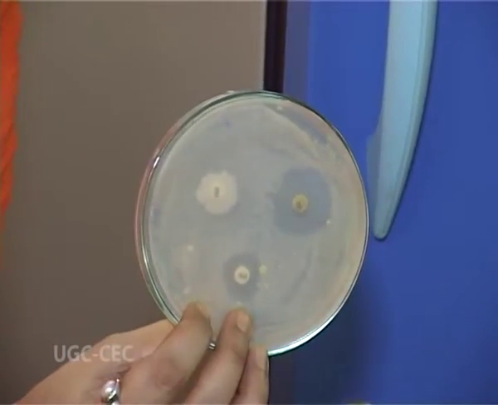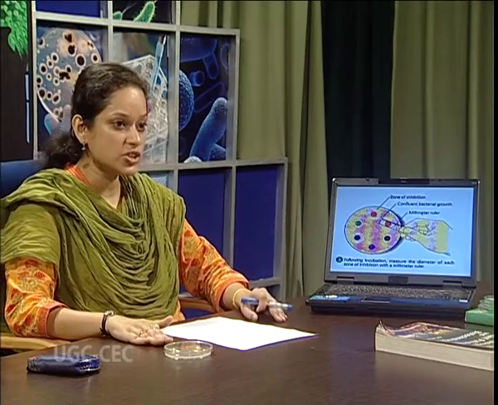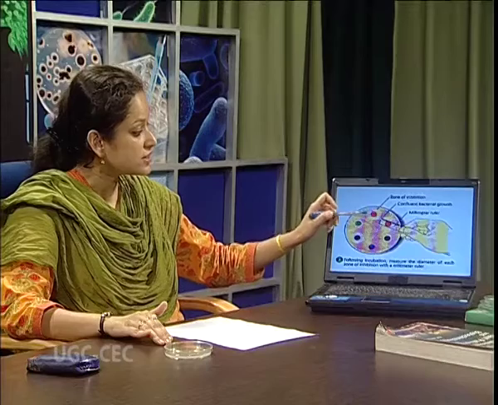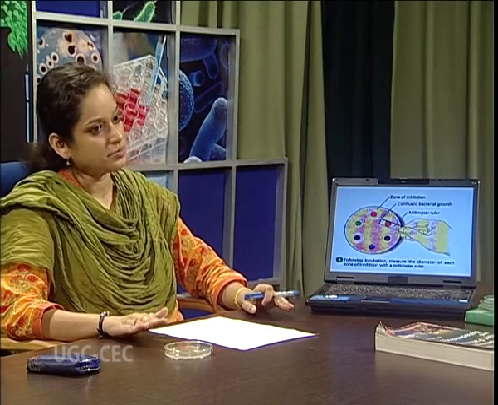We measure the diameter of the zone of inhibition with a millimeter scale. Based on the diameter of the zone of inhibition, we can say that the bacteria is either resistant or susceptible or intermediate to that particular group of antibiotic.